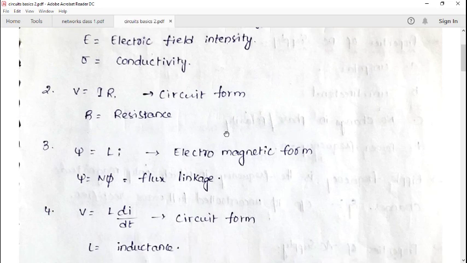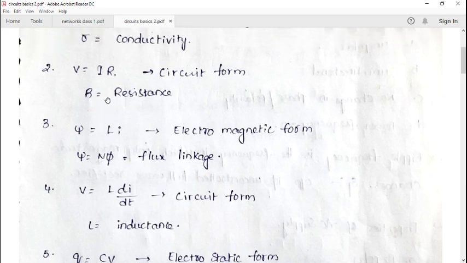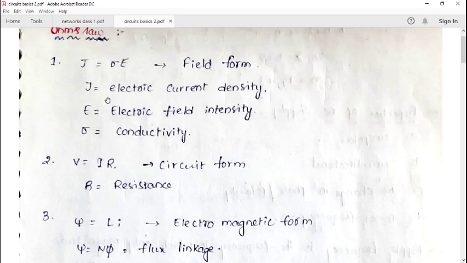In circuit form, the Ohm's law can be written as V equal to IR. This is the Ohm's law equation, which is very important in solving problems. So for 1 mark questions, the different forms of Ohm's law can be written like this. This is the first form, J equal to sigma E. This is field form of Ohm's law.